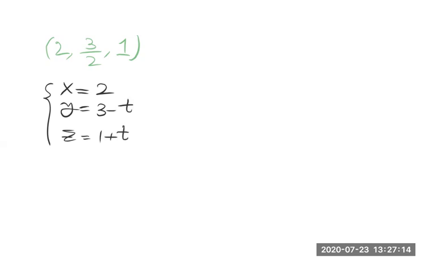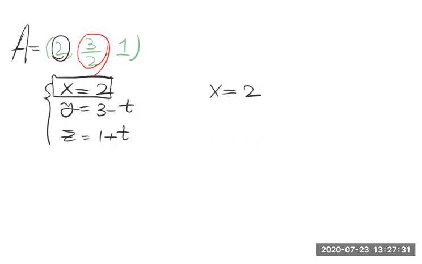Okay, it's kind of simple. So 2 is equal to 2. This point, let's call this point A, says x is equal to 2. Well, that's good. Here, we also say x is equal to 2. The second component says y is equal to 3/2. What does this equation say about y? It says y is 3 minus t.